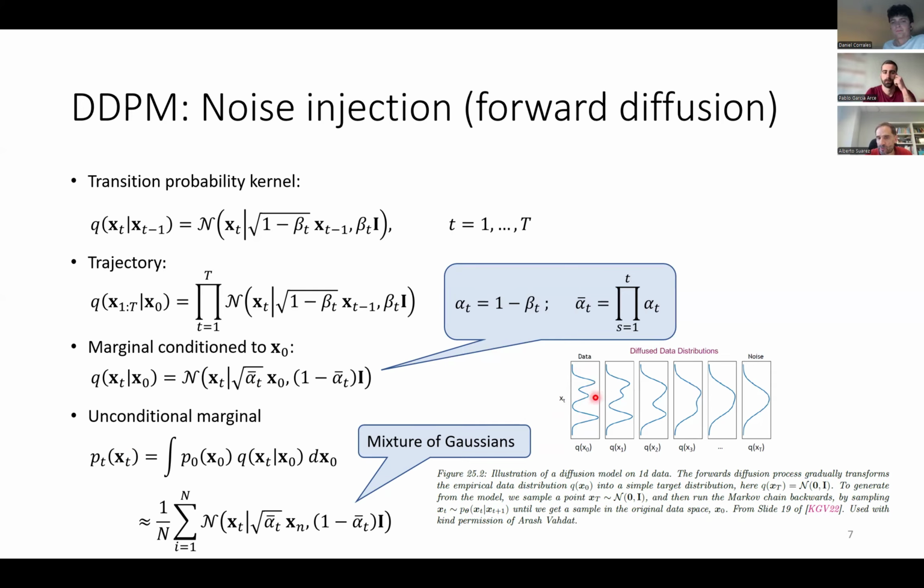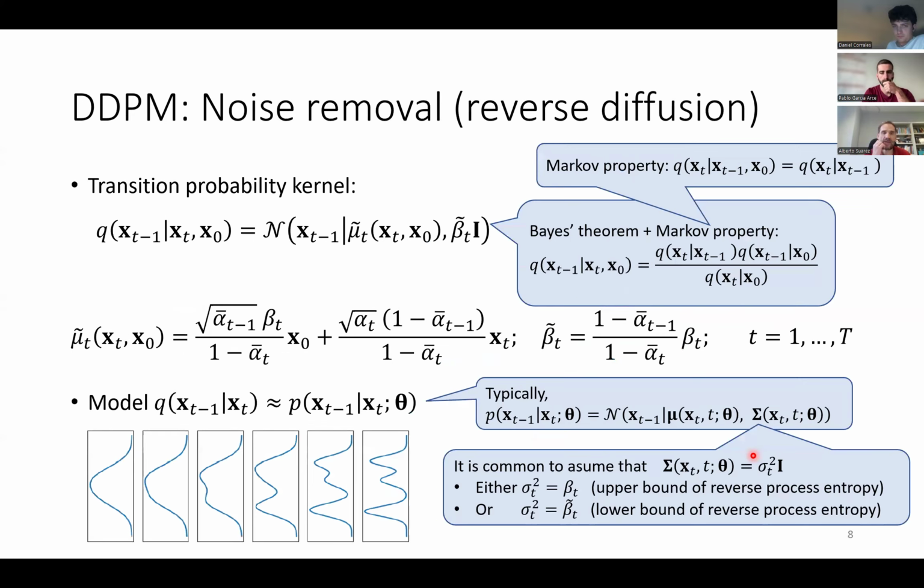So images around each of the modes would be typical of this P0, your data. And by the noise injection, you're basically transforming this distribution into a distribution that's less complicated, and eventually you end up with a Gaussian if you have injected a sufficiently large amount of noise. Okay, so that's the idea.